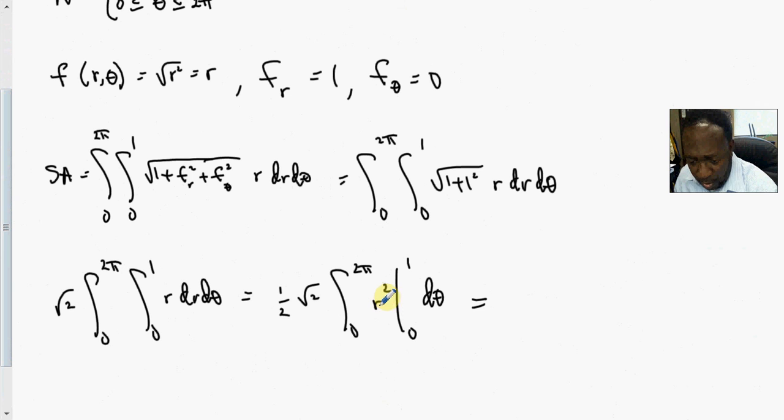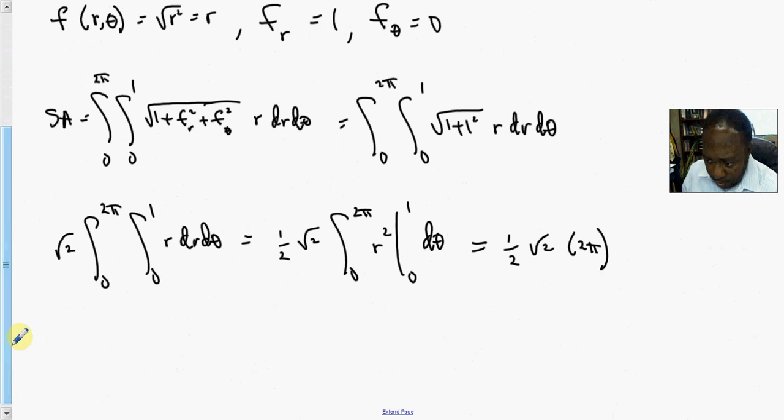So we evaluate the r from 0 to 1, we just get 1. So here we have 1/2 times the square root of 2. There's no theta here, no sine, no cosine, so the integral of this d theta is just theta evaluated from 0 to 2 pi, which is just 2 pi. And so our answer is pi times the square root of 2.